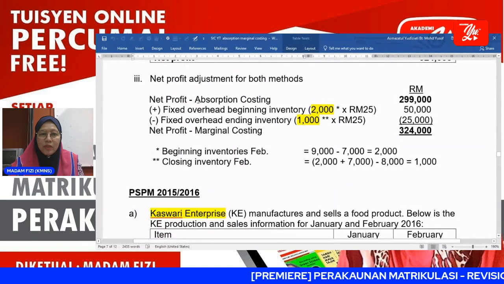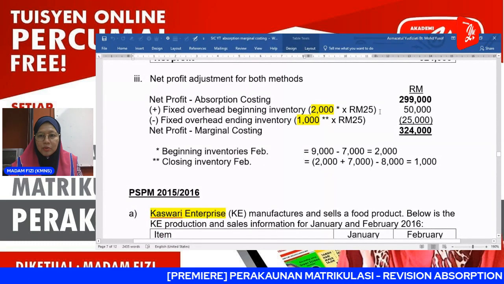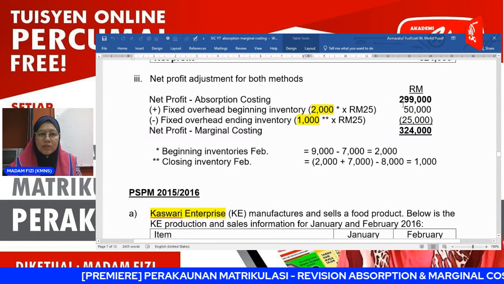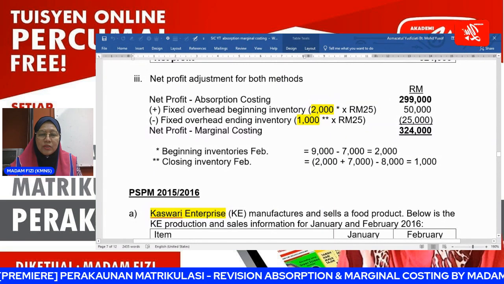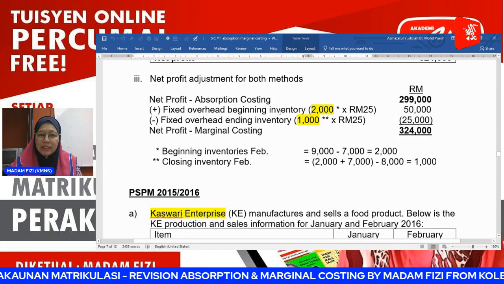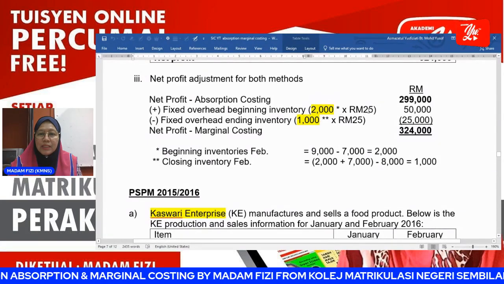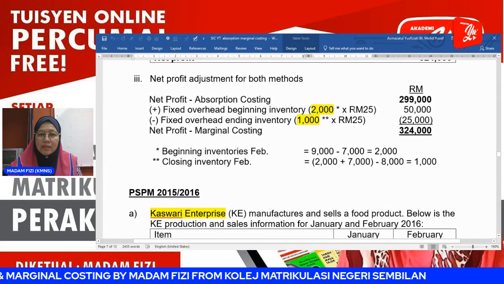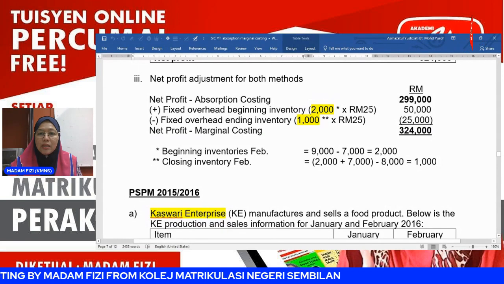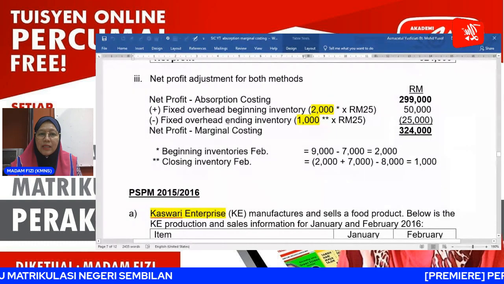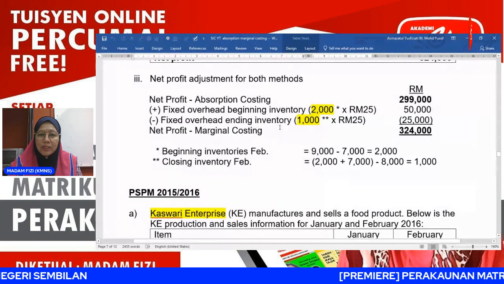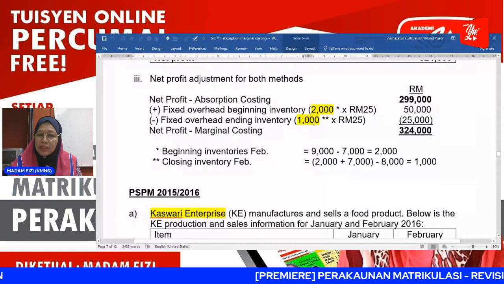Okay, net profit for absorption costing equals to 299,000 plus fixed overhead for beginning inventory, that is the 2,000 units we calculated just now, multiplied with 25 ringgit, that is the fixed cost per unit. Okay, and then minus the fixed overhead in ending inventory, that is the 1,000 units we calculated just now.